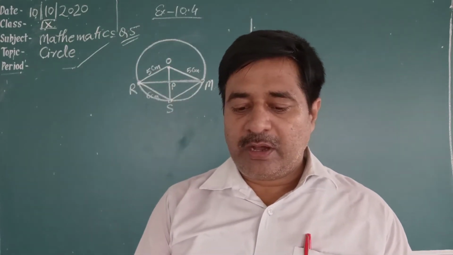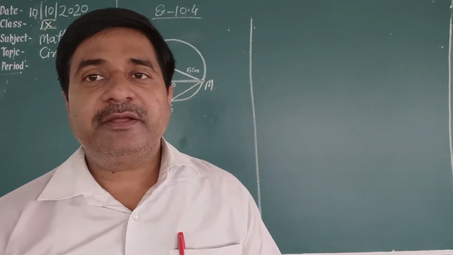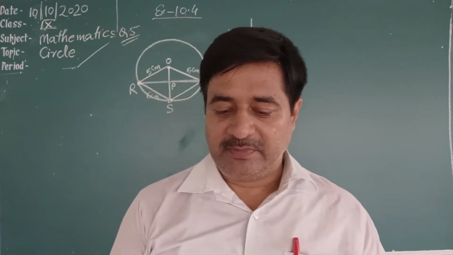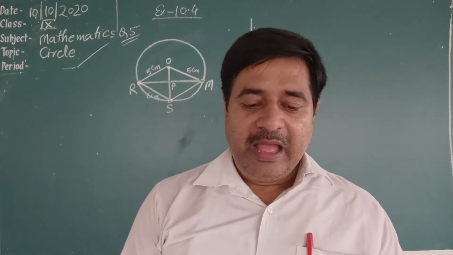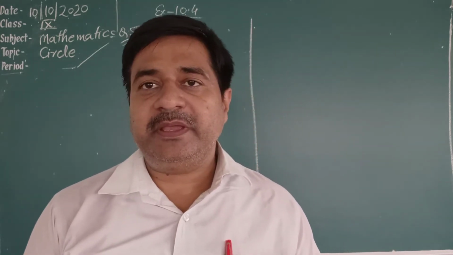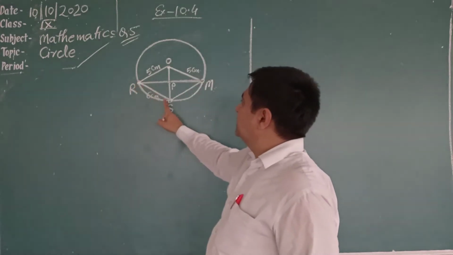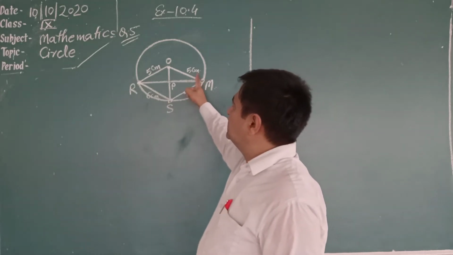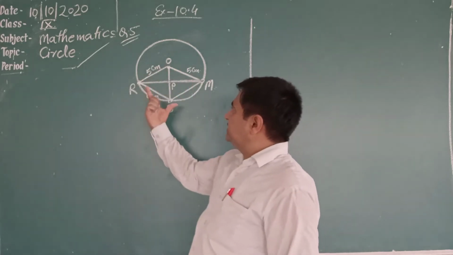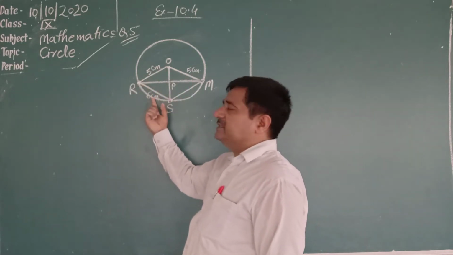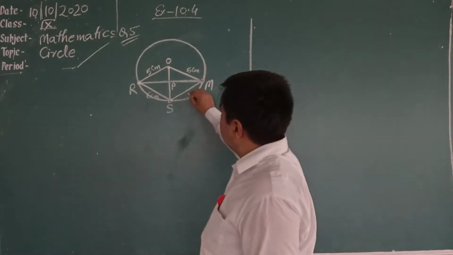Reshma throws a ball to Salma, Salma to Mandeep, and Mandeep to Reshma. The distance between Reshma and Salma, and between Salma and Mandeep, is 6 cm. So Reshma, Salma and Mandeep are on a circle of radius 5 cm.